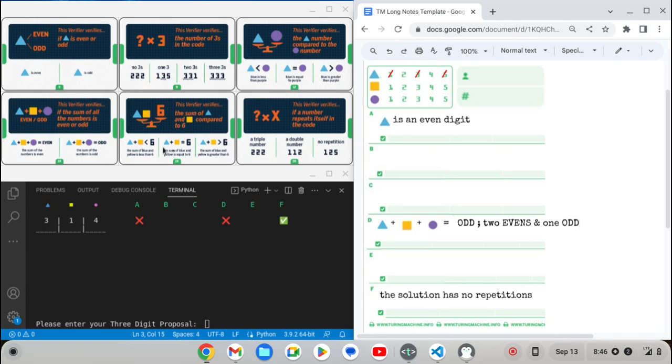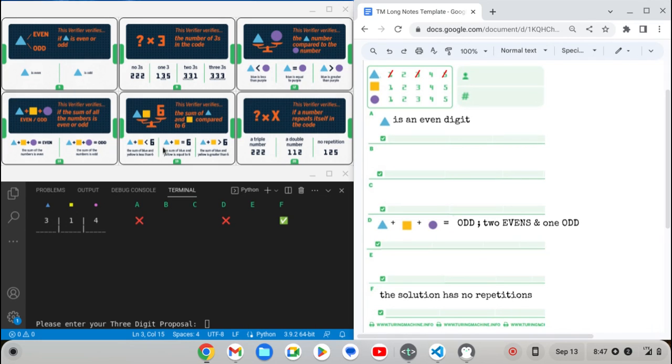So if we're dealing with 2 evens in triangle and square, I guess we could have a 3. We know the circle would be the odd one, and if there's a 3 there, then we could know which of the 2 evens go in triangle.